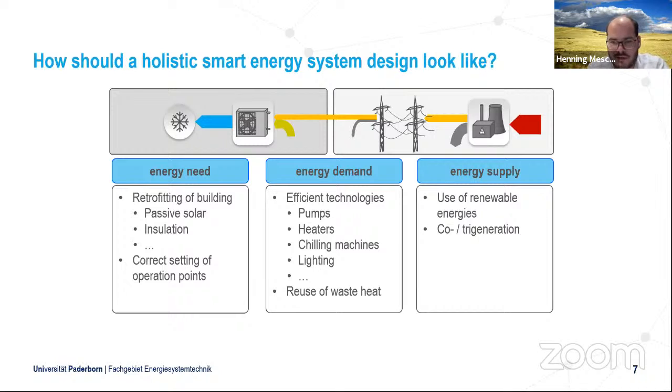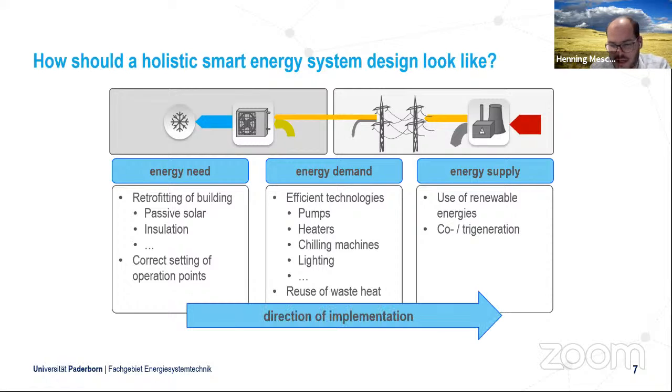And last but not least, of course, we can improve our energy supply, make it more efficient, use tri-generation plants, use renewable energies. And if you see that, there's a clear direction of implementation. So we should start in the energy needs and not on the supply side.